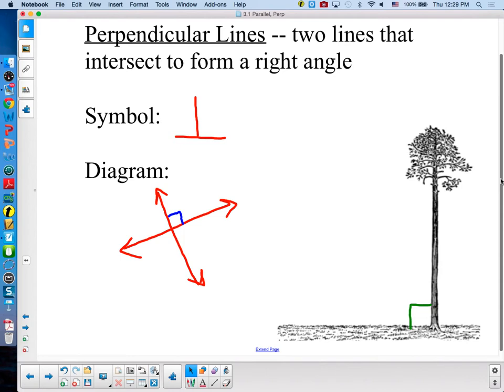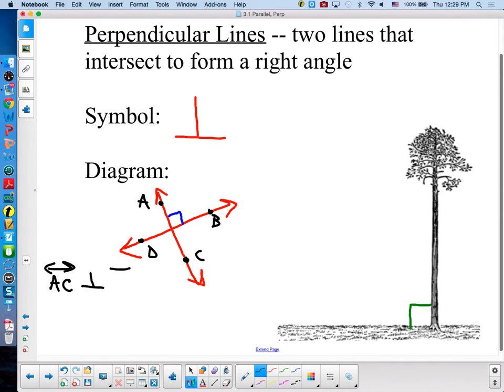So if I put points on this again to show you how to use that symbol, for this diagram we would say line AC is perpendicular to line DB. It intersects and forms a 90-degree angle.